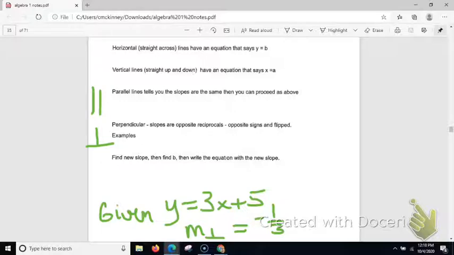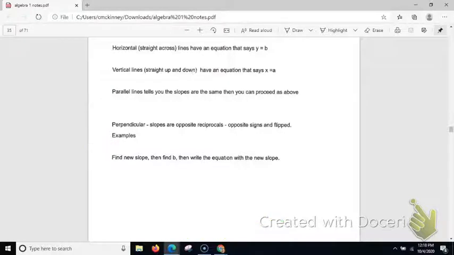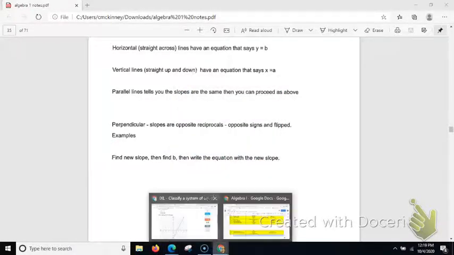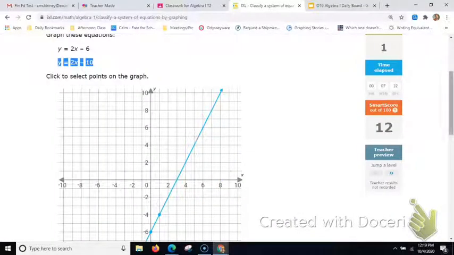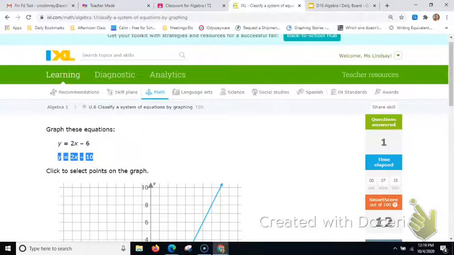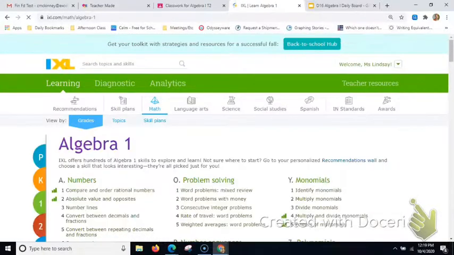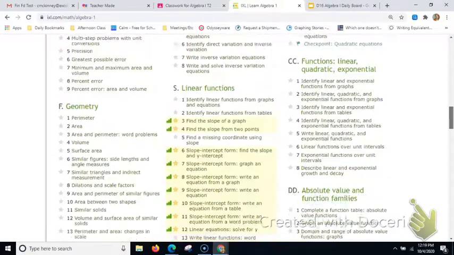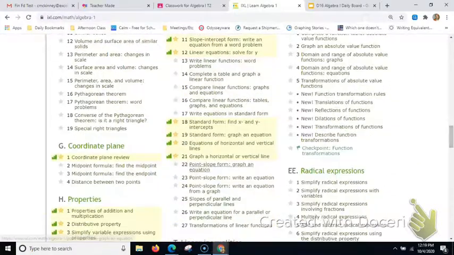And then we can find equations for lines also. But the first thing we're going to do is just identify whether things are parallel, perpendicular, or neither in an IXL lesson. So in S25, that is one that you are assigned today, S25. So let's go to S25. S25 doesn't have a place for me to show you that graph, so.